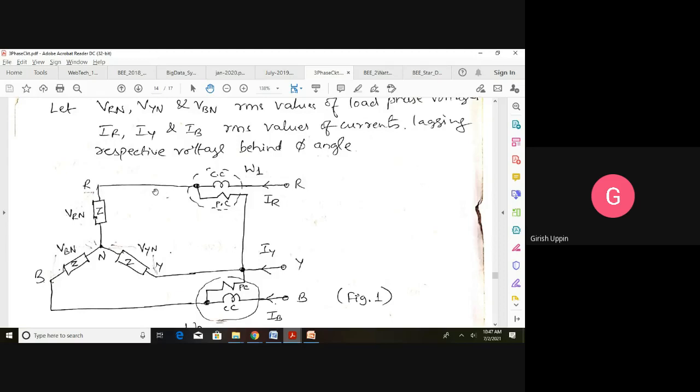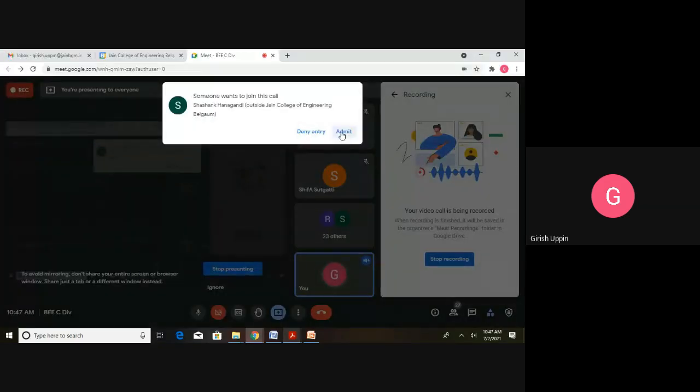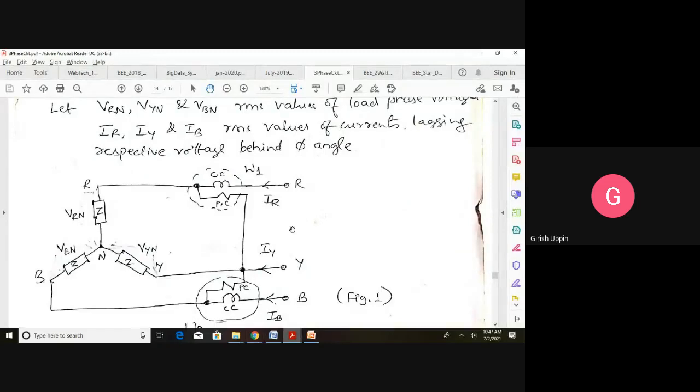And you can see this is the R phase. This is the first wattmeter. If you understand the circuit diagram properly, then it is not very difficult to analyze. We have connected a wattmeter. And just to give a brief idea, the wattmeter has two coils.